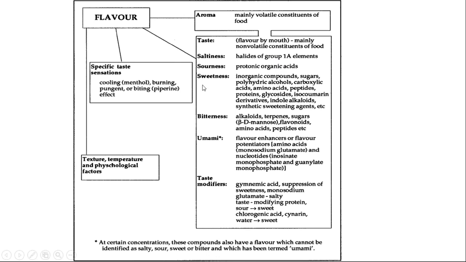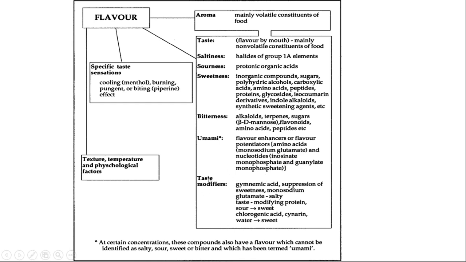The sweetness comes from amino acids, peptides, glycosides, etc. Bitterness comes from alkaloids, terpenes, or sugar alcohols. Then the umami taste, the flavor enhancers, are generally MSG, IMP, and GMP.